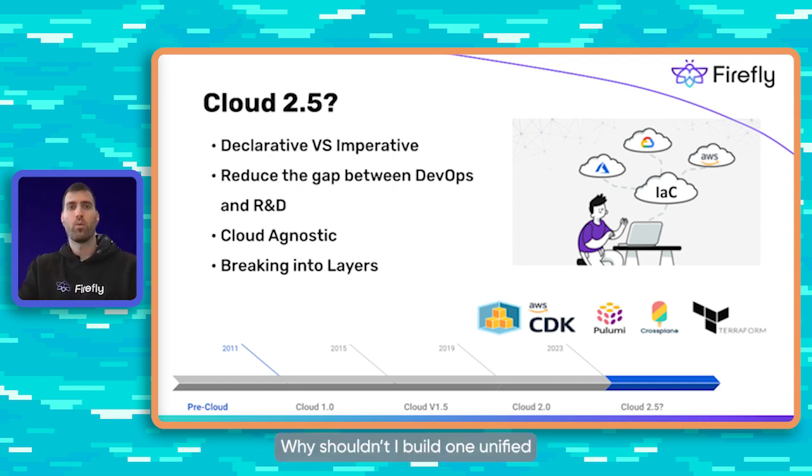Why shouldn't I build one unified Kubernetes resource for storage and decide if I want to deploy it in Azure, Google, or AWS? And that's exactly what Crossplane does. It's a cloud agnostic, Kubernetes-based solution that enables deploying a CRD for storage, for anything that I need, and deciding if I want to deploy it in a specific cloud. It also helps to migrate from one cloud to another.